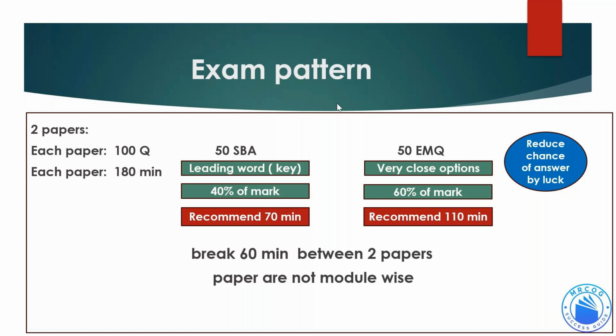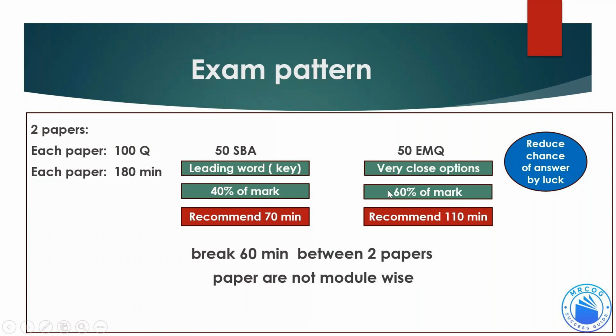It's also recommended by the RCOG in each paper to save much time for the EMQs. So it's recommended to finish the single best answers in 70 minutes or less, and keep the remaining 110 minutes for the EMQs. There is a break between the two papers of around 60 minutes, but you can start earlier if you would like. This is valid for the computer-based exam.